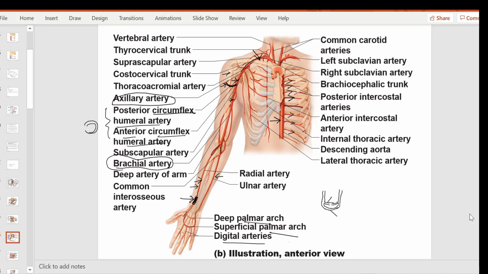And also from the thoracic aorta we get two superior phrenic arteries. Superior phrenic means diaphragm arteries, okay, from the lower part of the thoracic aorta.